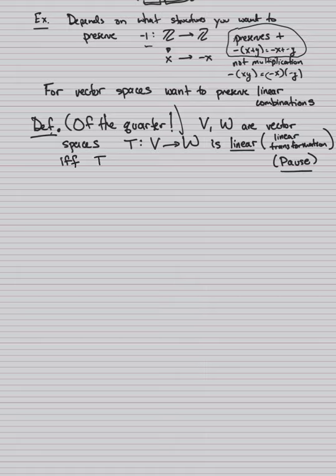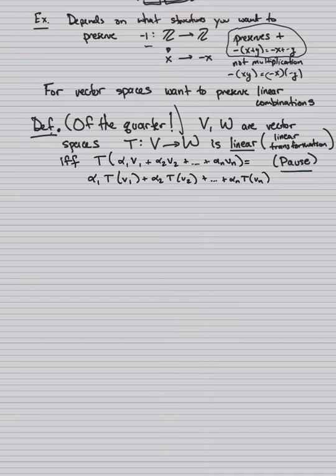So this is, well, just T, and I put in a linear combination, which is just an element of V, is equal to alpha 1 T of v1 plus alpha 2 T of v2 up to alpha n T of vn.